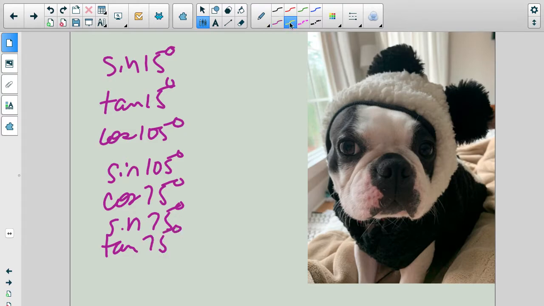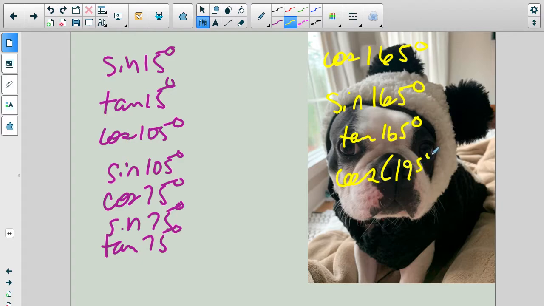Cosine of 165. Sine of 165, tan of 165, and cosine of 195. I didn't put that one in parentheses for any big reason.